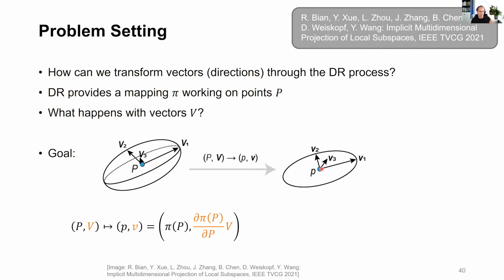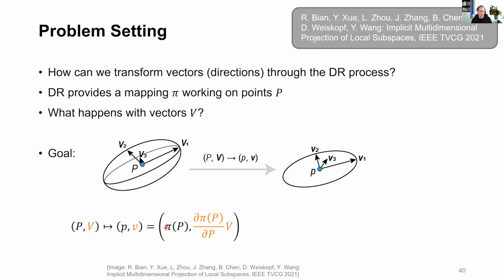Now, that's the regular dimensionality reduction. What we do on top of that is assume that we have vector information here, and those come from the local PCA. The big question is, what happens to these vectors, V1, V2, V3, after the projection process? Let's assume that we actually know this mapping pi, then it's pretty easy. We map the points to points.